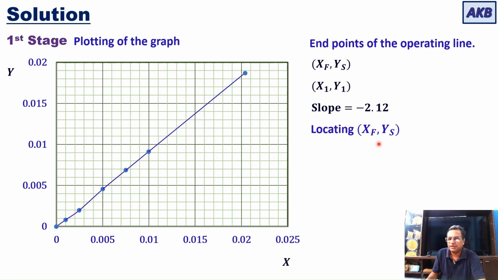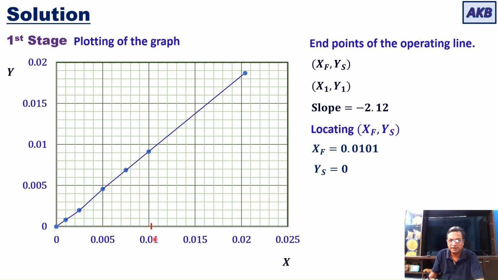Now first let us locate the point whose coordinates are known to us, XF and YS. So capital XF is 0.0101, we have just calculated it. Capital YS is 0. That means this point XF, YS will be located on the x-axis at x equal to XF.